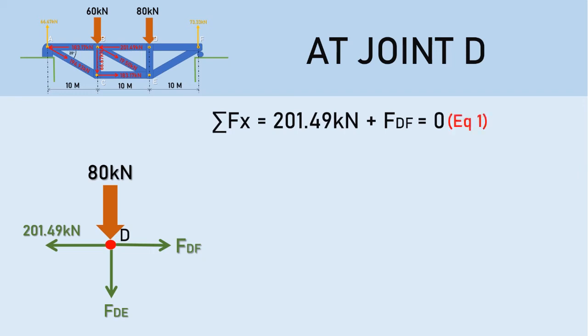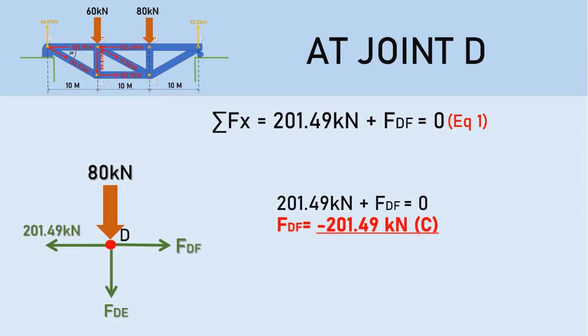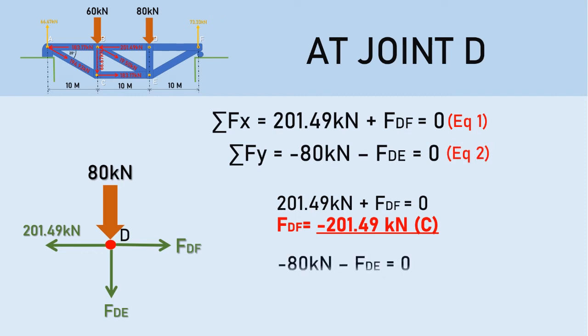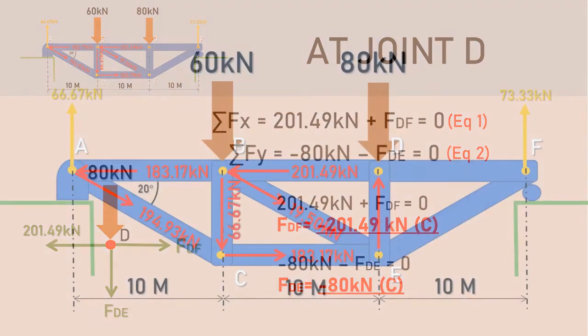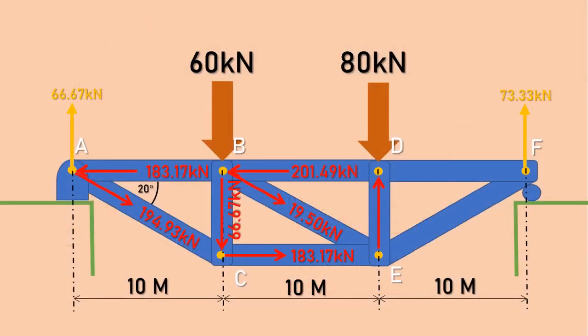If we solve for that, we'll have force DF equals to negative 201.49 kilonewton, which is in compression. And for summation of Fy, we have negative 80 kilonewton minus FDE equals to 0. And again, solving for this, we'll have negative 80 kilonewton, also in compression. Now we only need one unknown force to solve.